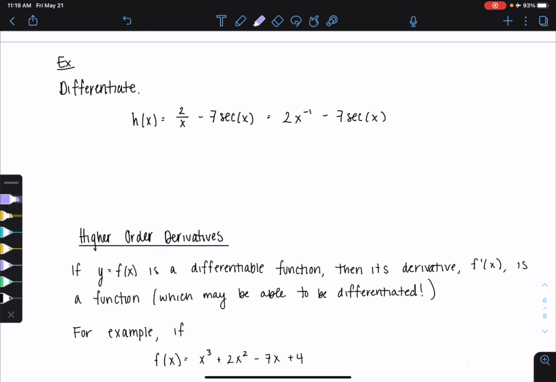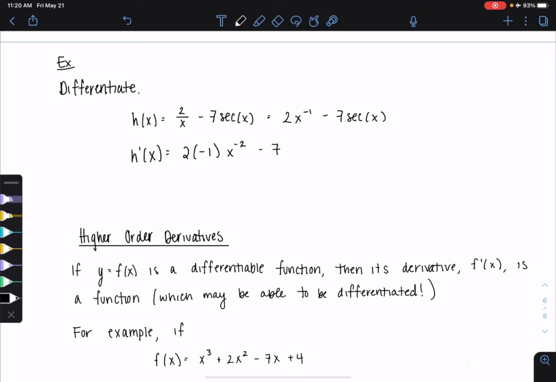So let's try one simple example. Let's differentiate 2 over x minus 7 secant of x. Remember, x in the bottom is the same thing as x to the negative 1. So if I want to differentiate this, we apply that power rule. So the negative 1 comes down. The power decreases by 1.